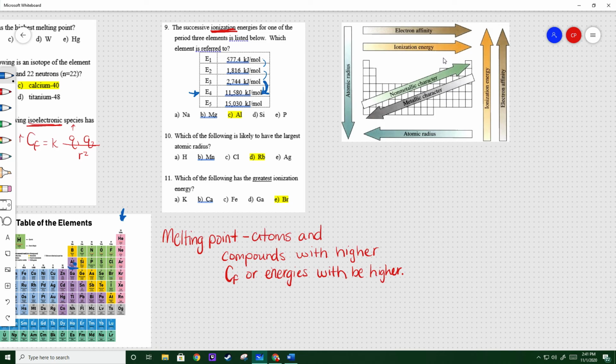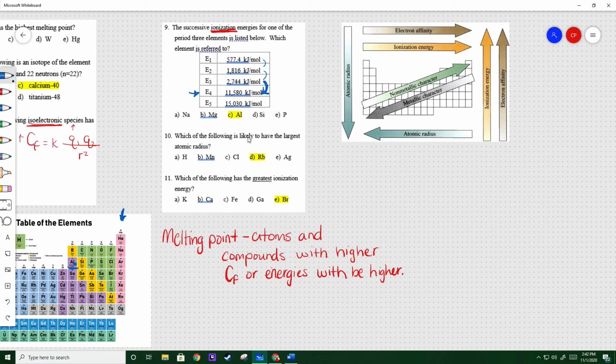The reason is we're adding more protons to the same energy level, and those electrons are getting more and more attracted. We're not adding any space between those protons and electrons, so that's why we see an increase in ionization energy. When we go down a group, we see a decrease, but as we go up, same thing. We have less space between those electrons, but more positive protons, so that's why.